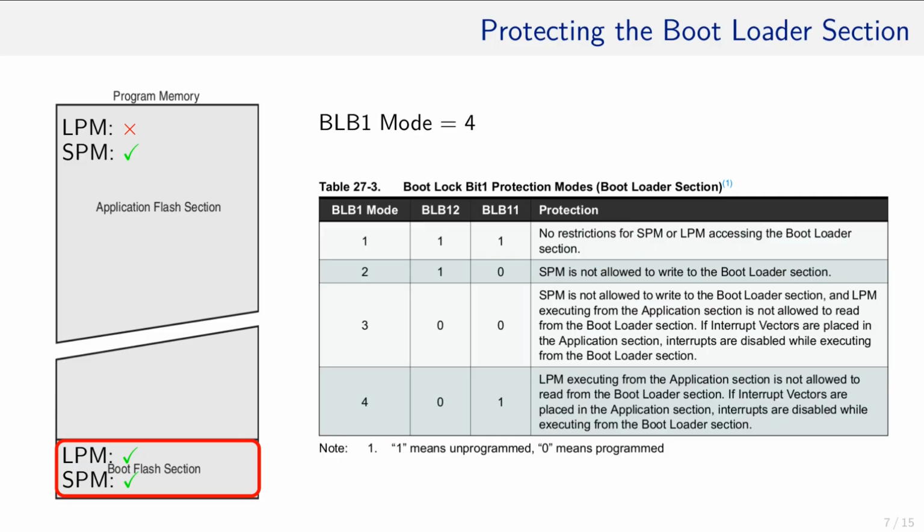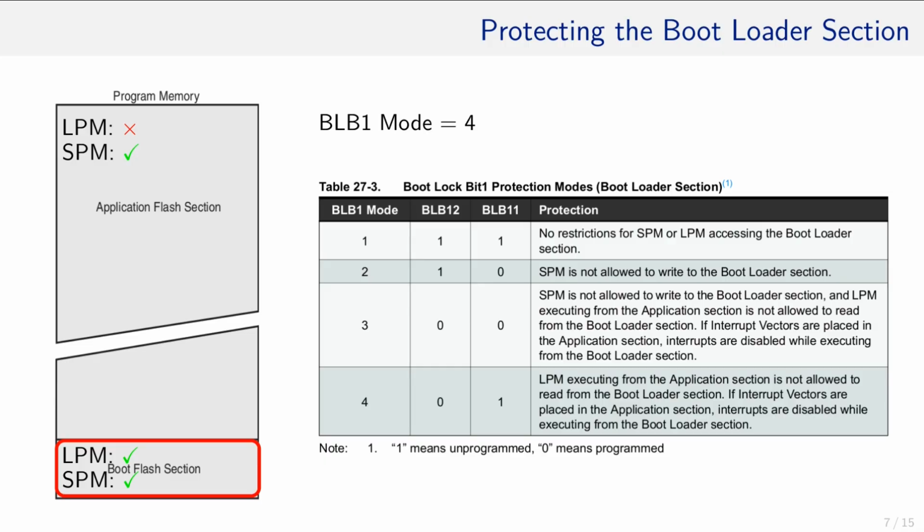And the last mode states that no LPM executed from the application section will be able to read any address in the bootloader section. But any SPM can write to that section. That allows the update of the bootloader from the application and from the bootloader itself, but the application will not be able to verify that update.